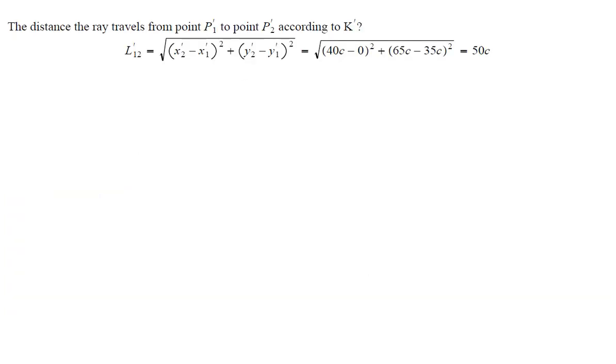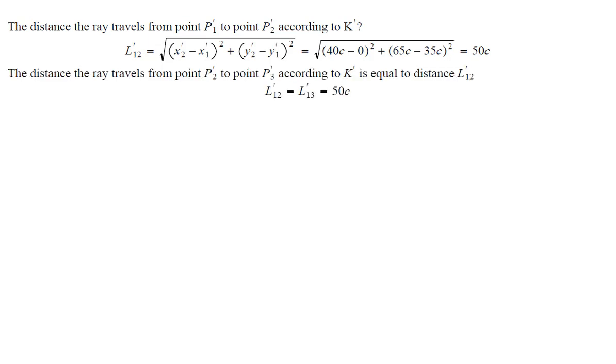The distance the ray travels from point P'1 to point P'2 according to k' can be computed according to the Pythagorean theorem. L'12 equals 50 c. The distance the ray travels from point P'2 to point P'3 according to k' is equal to L'12, so L'12 equals L'13 equals 50 c meters.